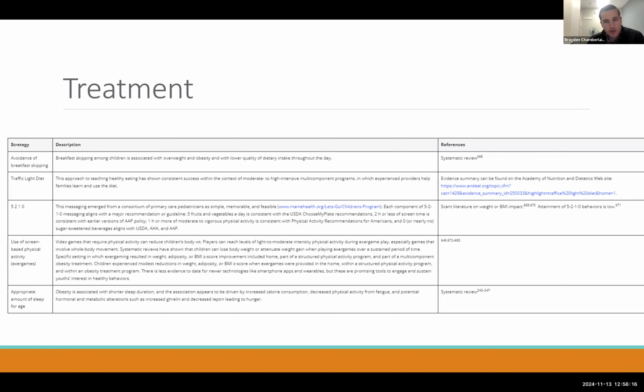But there is some recommendation to consider encouraging this type of activity, especially if you're not able to get these patients to engage in activity in other ways. This is an interesting compromise between less screen time and more physical activity.